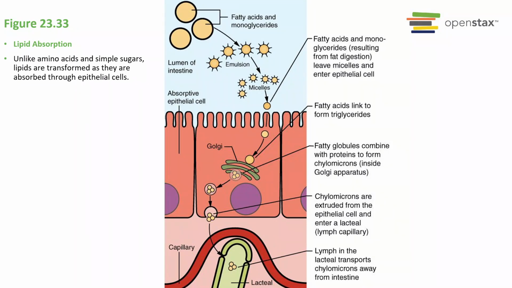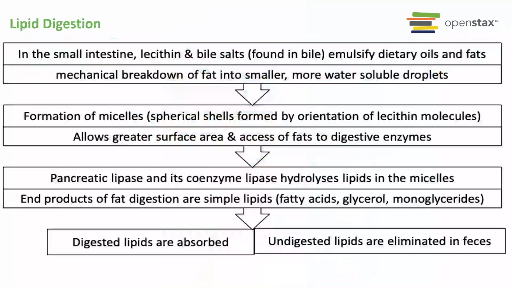The triglycerides are then packaged by Golgi apparatus, as highlighted in the middle of the diagram, into water-soluble chylomicrons, which are then transported either in the blood or in the lymph via lacteals, which make their way also into the systemic circulation.